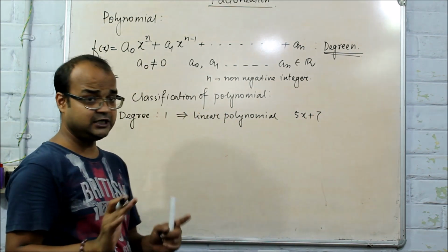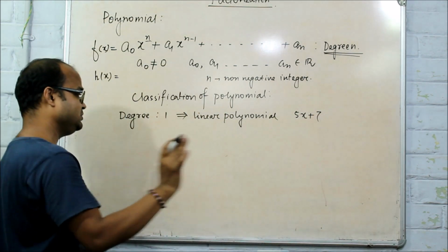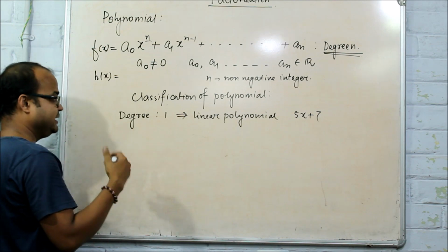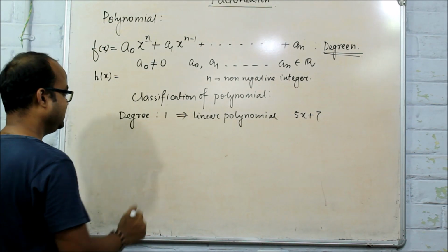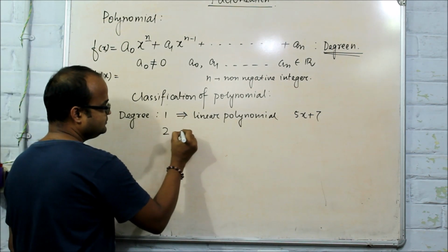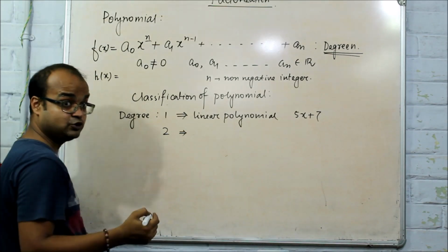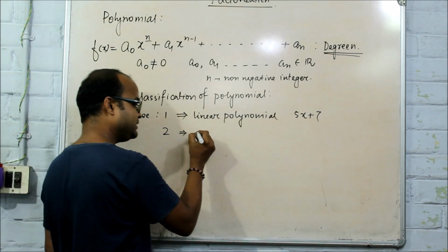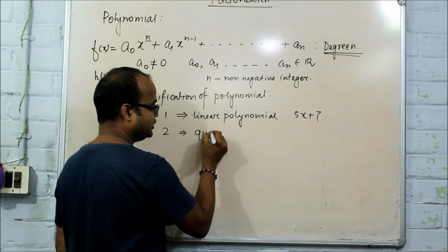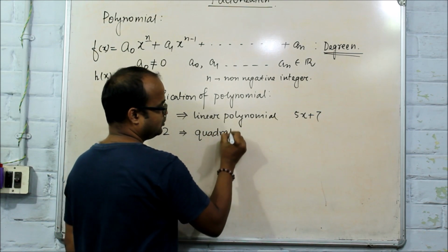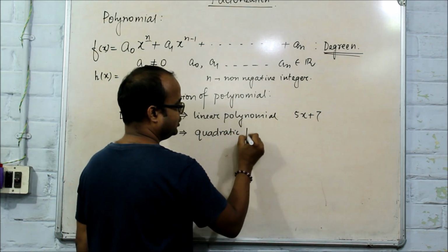Here we are concerned about a single variable, not double or more than one variable. If the degree is 2, then we know it as a quadratic polynomial.